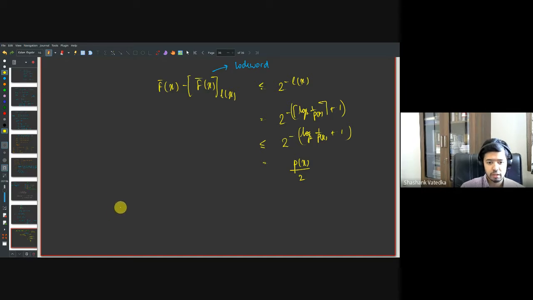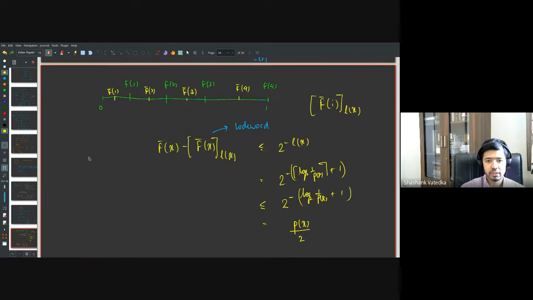So f bar of x truncated to L of x bits is some real number. It's a sequence of bits, 0.1011, in binary. Or I can treat this as a real number, looking at the decimal representation. So it is 2 to the minus 1 plus 2 to the minus 3 plus 2 to the minus 4 plus 2 to the minus 5. So it is some real number, and I'm representing that as a point on this interval 0 to 1.